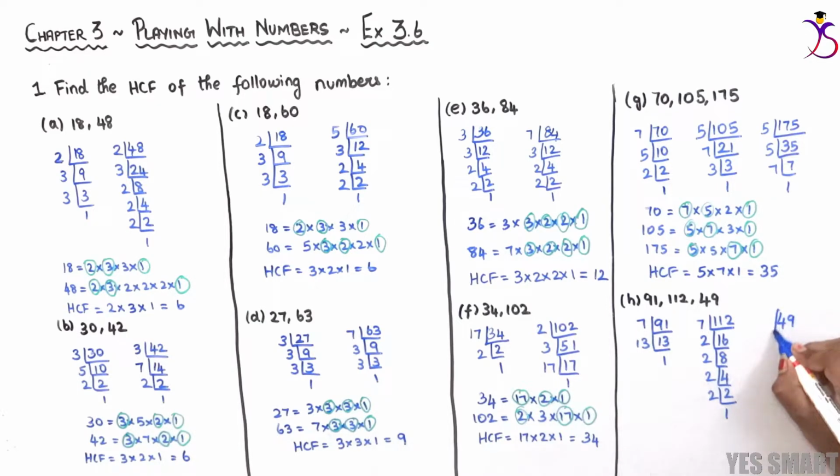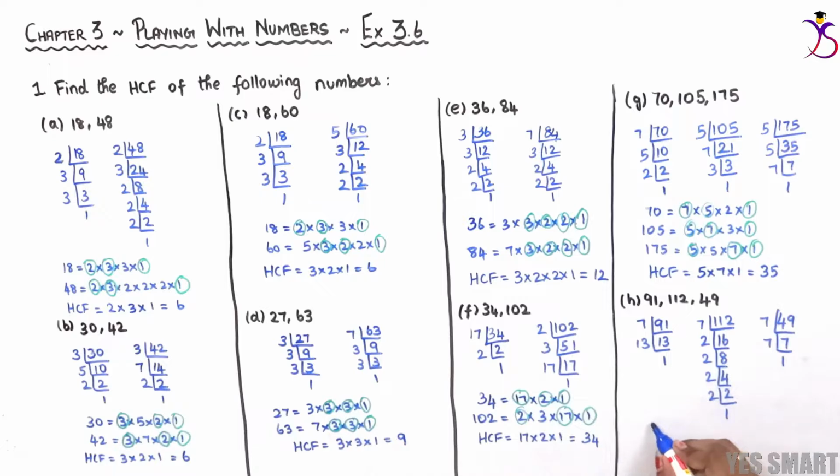Finally, we have 49. 7 sevens are 49, next 7 ones are 7. Let's write the factors. 91 equal to 7 into 13 into 1. 112 equal to 7 into 2 into 2 into 2 into 2 into 1. 49 equal to 7 into 7 into 1.